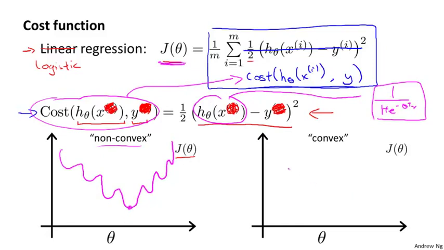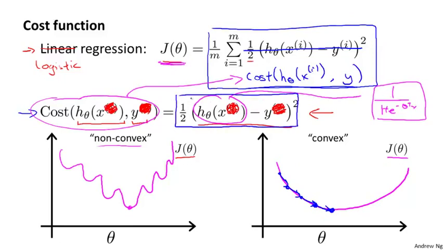Whereas in contrast, what we would like is to have a cost function J of theta that is convex, that is a single bow-shaped function that looks like this, so that if you run gradient descent, we would be guaranteed that gradient descent would converge to the global minimum. And the problem with using the squared cost function is that because of this very nonlinear sigmoid function that appears in the middle here, J of theta ends up being a non-convex function.